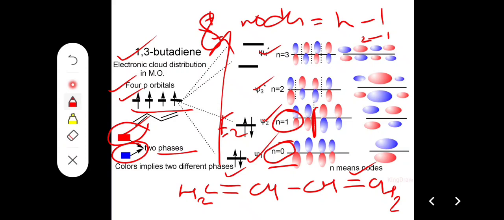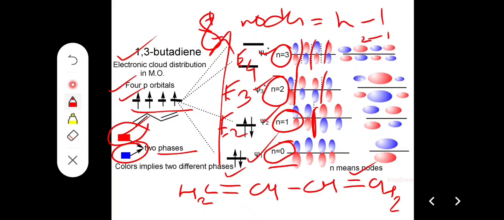For E3, 3 minus 1 gives 2 nodes. For E4, 4 minus 1 gives 3 nodes.